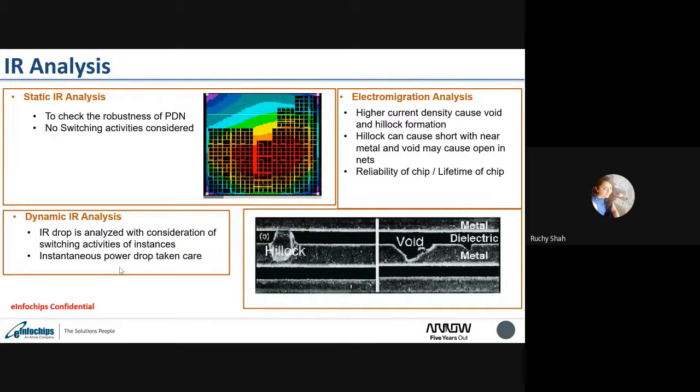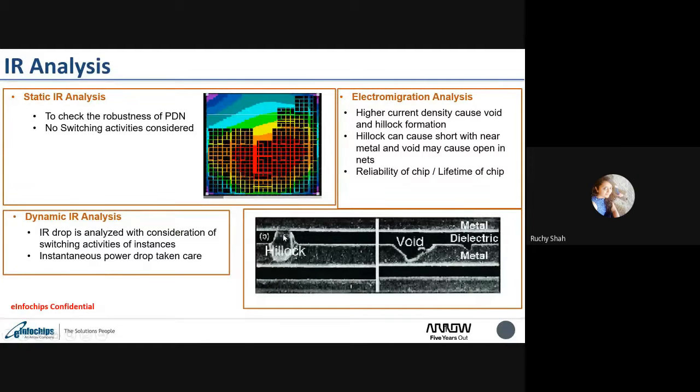If current density is going to increase, what could happen? For a longer duration, it could cause hillocks or void formation like this. I'm trying to show this image. So for a longer duration, such types of things could happen.